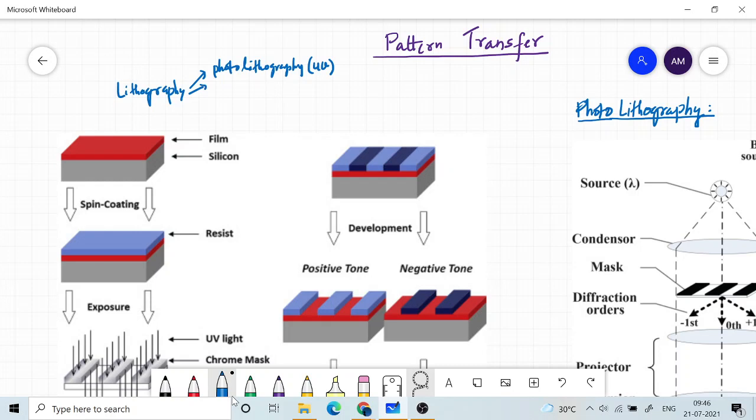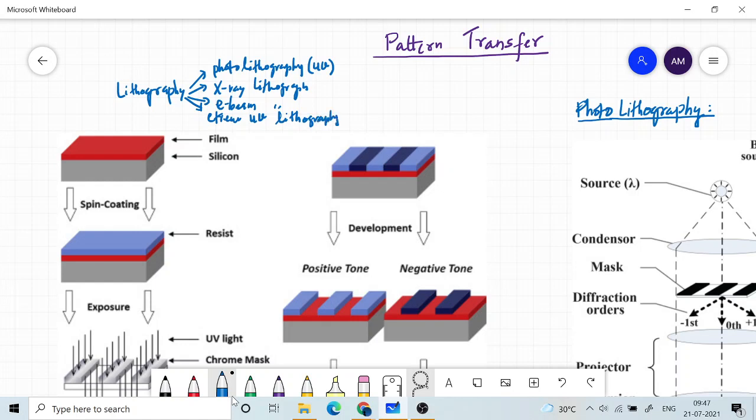Then you have X-ray lithography, then E-beam lithography, and nowadays one more is very popular, which is extreme UV lithography. That is the current 5 nanometer technology and all.